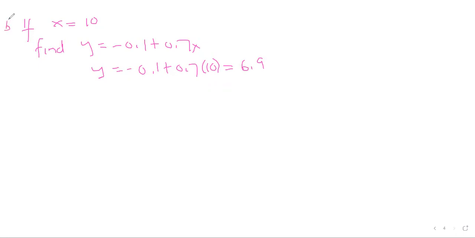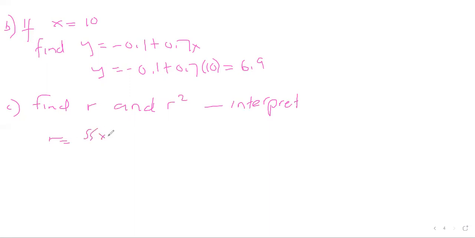This is part B. Part C, they ask you to find R and R squared and interpret. Who remembers what R stands for and what R squared stands for? R stands for the coefficient of correlation.